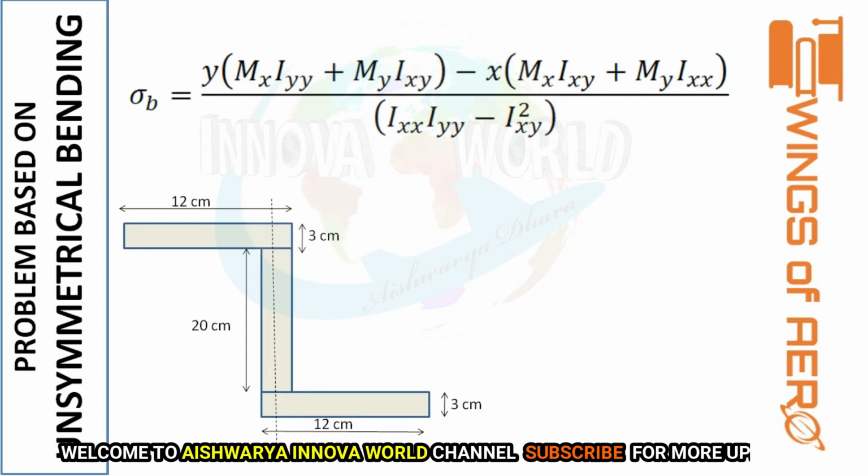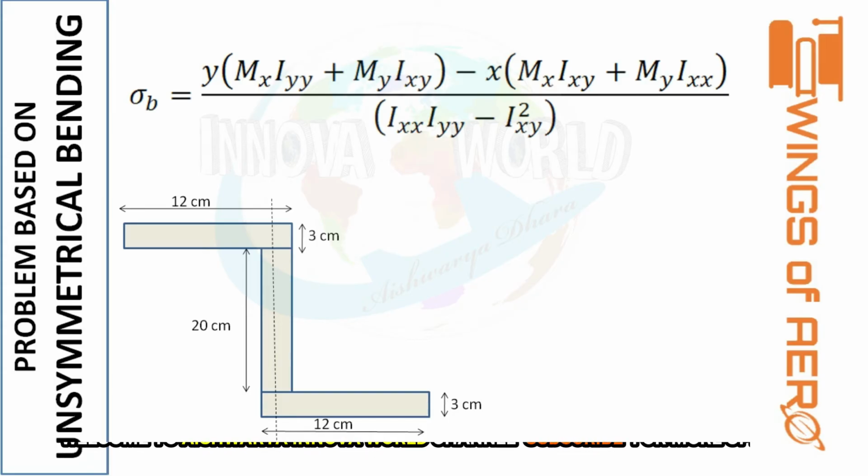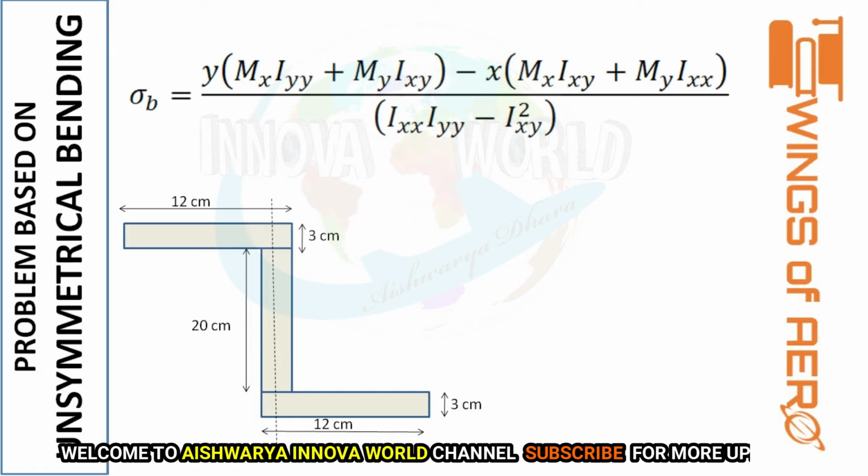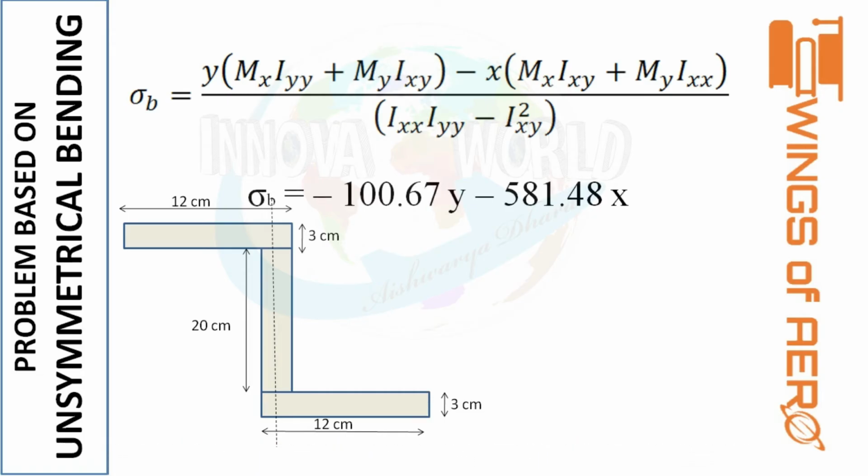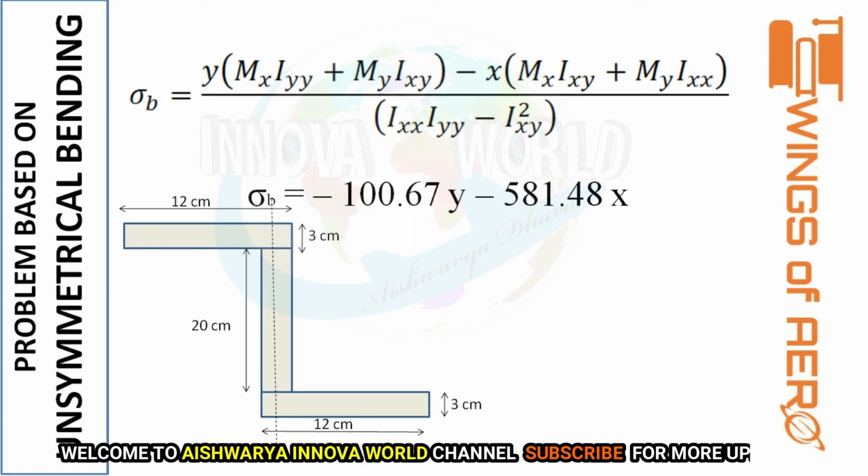Now we know all the values: Mx, My, Ixy, Iyy and Ixx. Substituting the values, we get sigma b equals minus 100.67 of y and minus 581.48 of x.